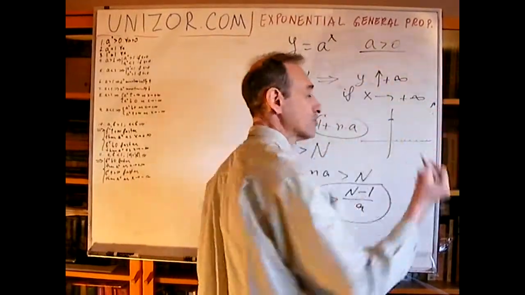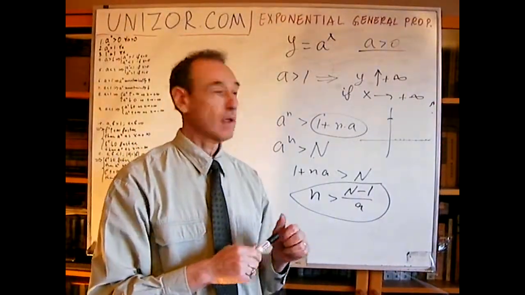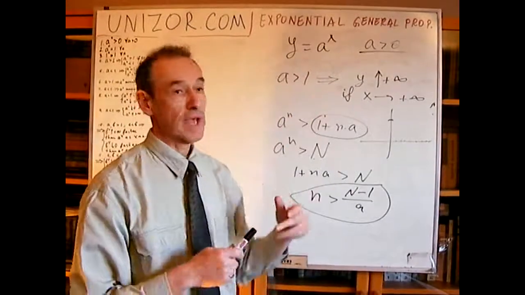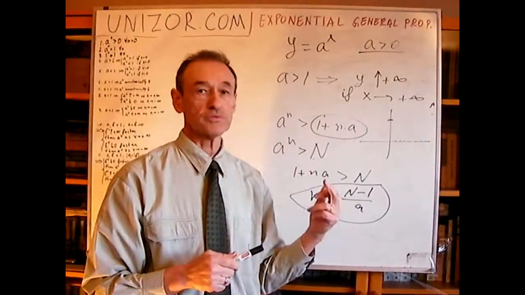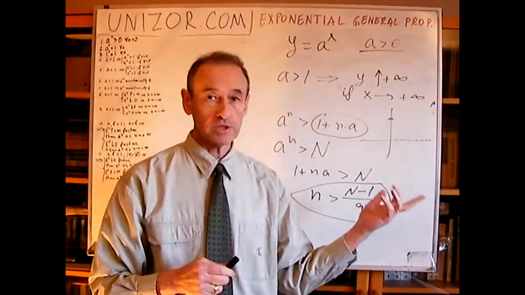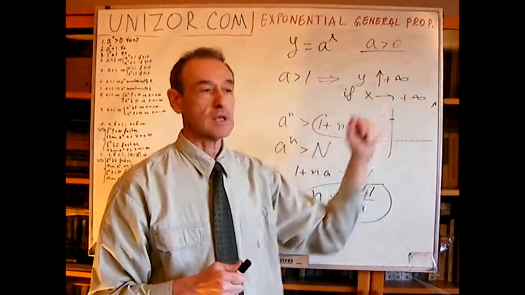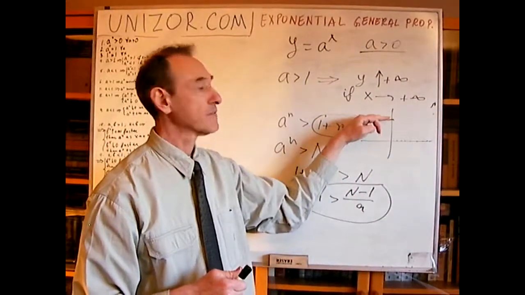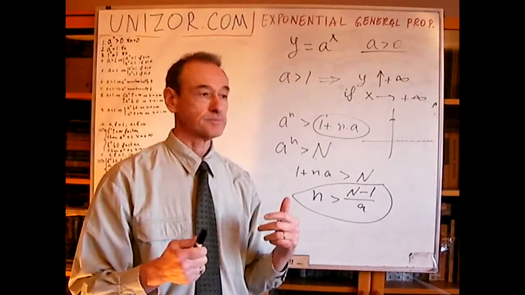So that is actually the meaning of the statement that a to the power of x goes to infinity. At least we have proved this thing for all integers. So I can find an integer where it goes above certain level. But now let's think about the rational numbers.